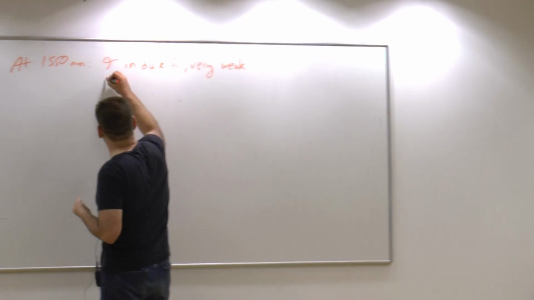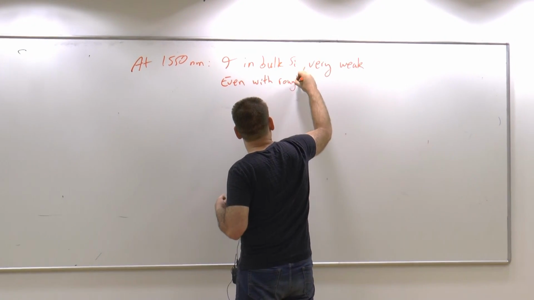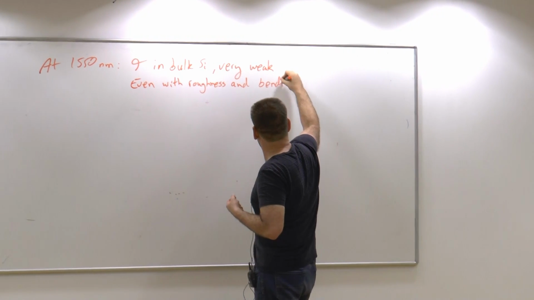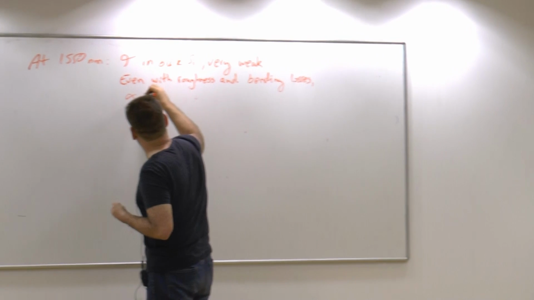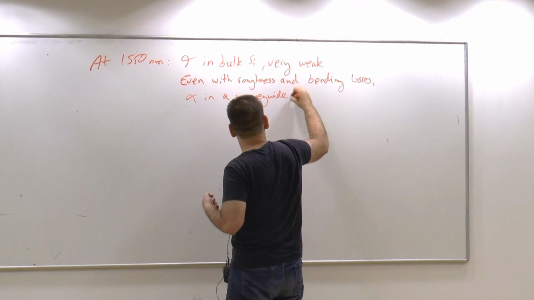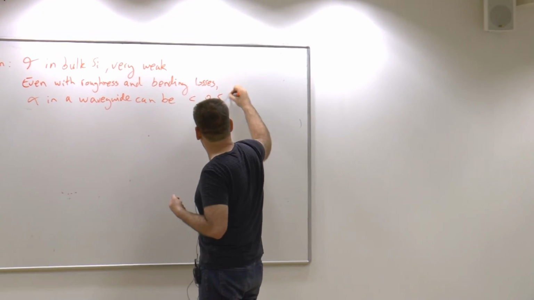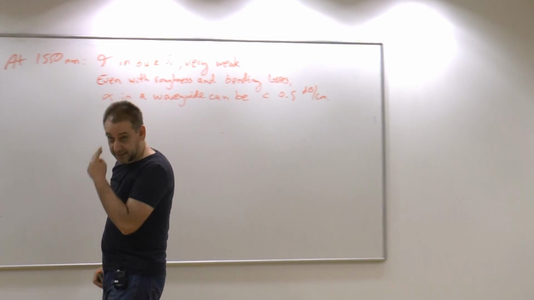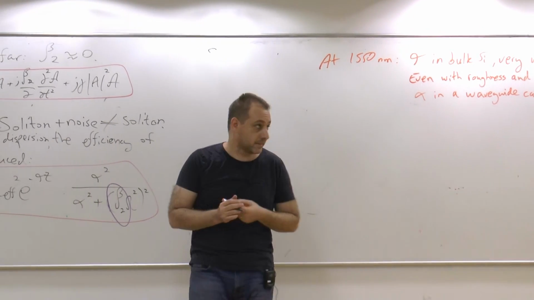But even with roughness and bending losses, alpha in a waveguide can be below half a dB per centimeter. This gives an effective length that is close to 10 centimeters of propagation. It's quite good.